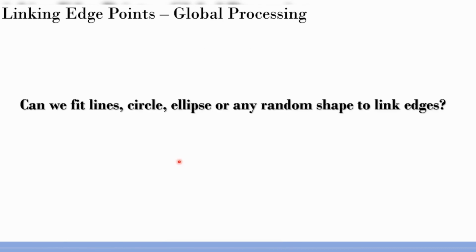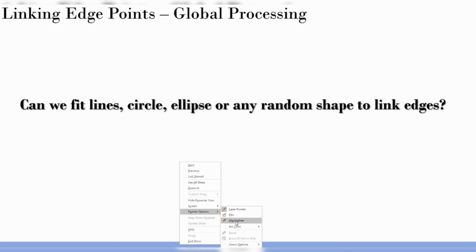Now the question that comes immediately to our mind is, instead of going from a pixel and trying to link it up, can I fit something like a line or a circle or an ellipse, or any shape which can be parameterized? When I say parameterized, it is nothing but these shapes can be expressed in terms of an equation.